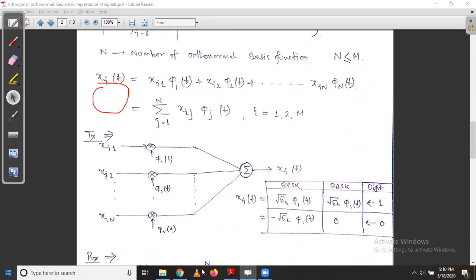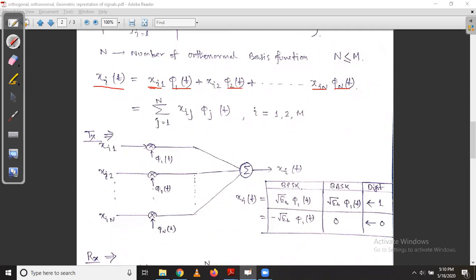So this x_i(t) is x_i1 up to x_iN, where x_i1 is multiplied by phi 1, x_i2 is multiplied by phi 2, up to phi N(t).